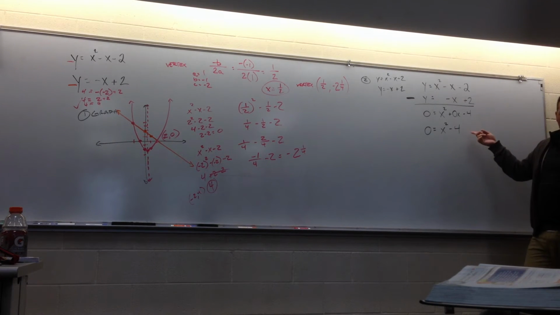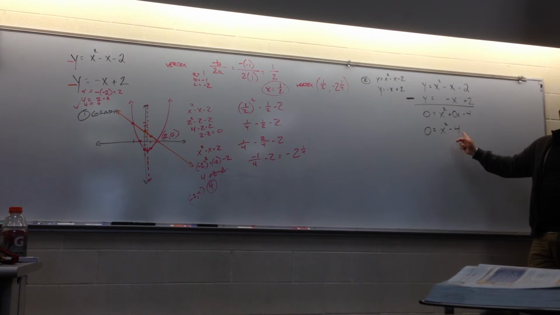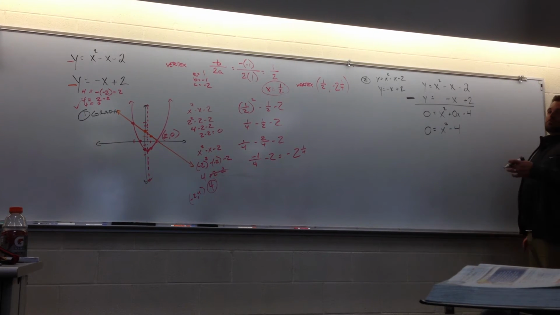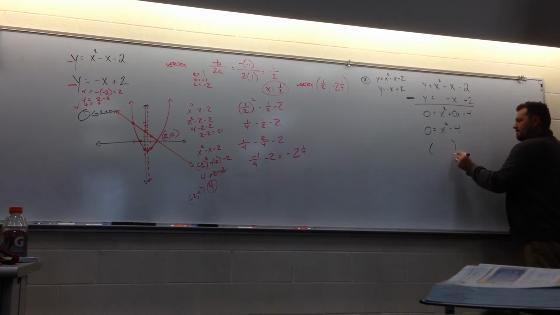What is that? Okay? I know what you're saying. We've got a perfect square here and a perfect square here. The difference of two squares, which means I can factor this super quick. The signs are different. Square root of this goes here, square root of this goes here.